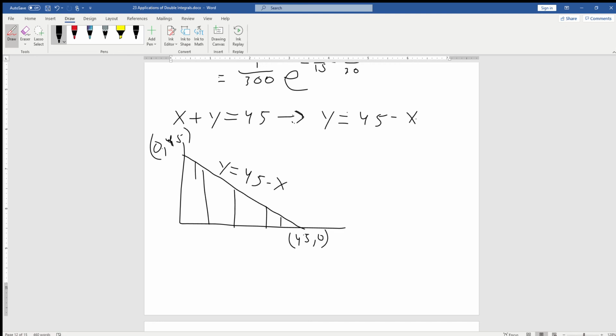The lower function is y equals 0, and the upper function is y equals 45 minus x. So y is going to range from 0 to 45 minus x, and then x is going to range from 0 to 45.